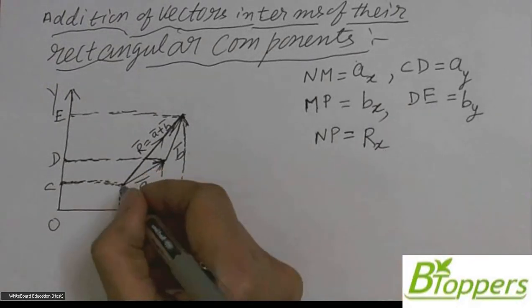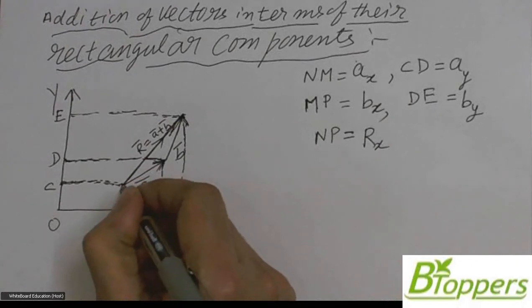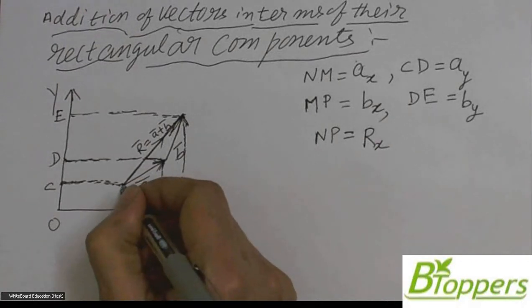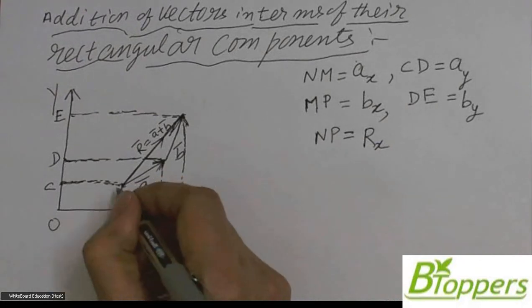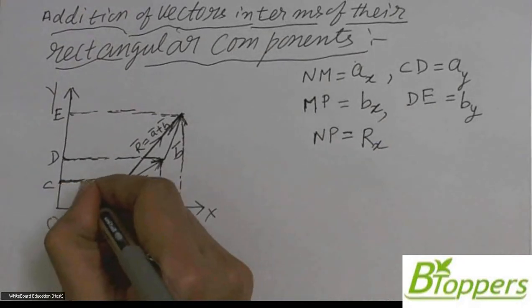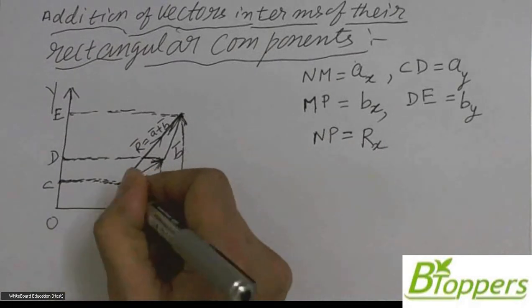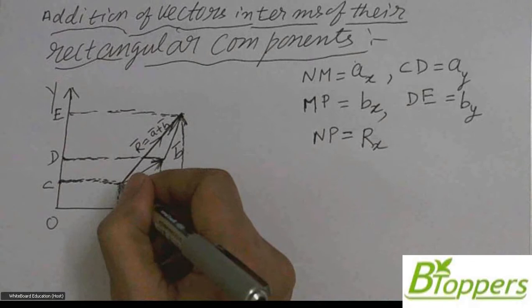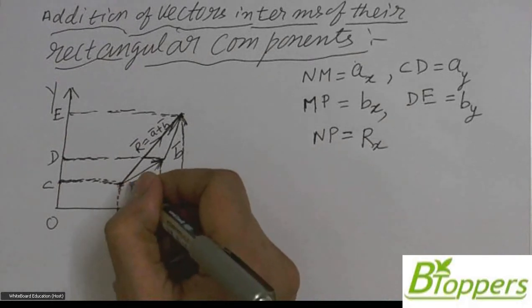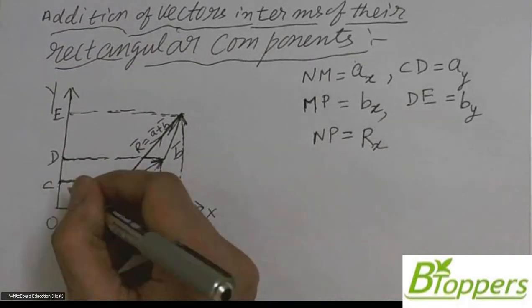The same way, if you drop a perpendicular from the tail of the resultant vector R bar on y-axis, that coincides with the foot of the perpendicular dropped from the tail of A bar on y-axis.